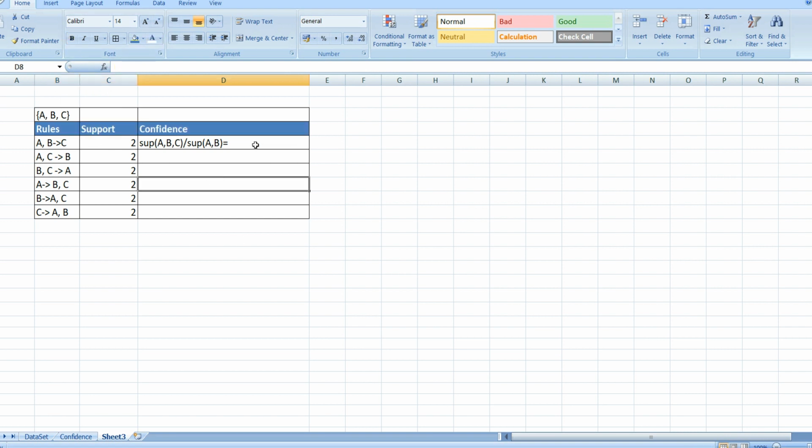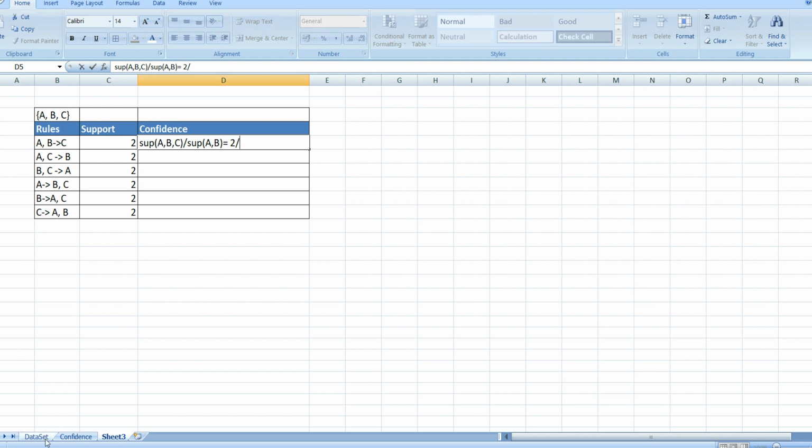Okay, so what is the support of A, B, and C? It is 2. 2 divided by the support of A and B together.